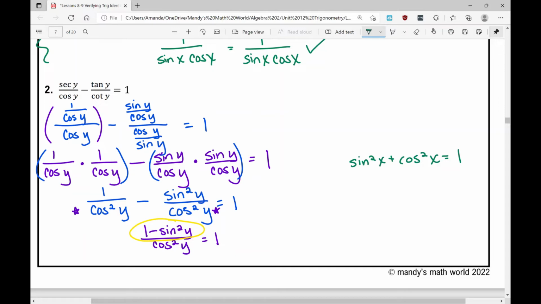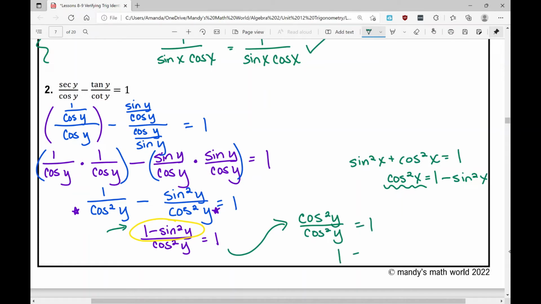Well, I could rearrange this, subtract sine squared x from both sides, and I would get cosine squared x equals 1 minus sine squared x, which is exactly what that is, which means 1 minus sine squared x equals cosine squared x, and it should be a y. So I can rewrite this as cosine squared y over cosine squared y equals 1. Anything over itself is just 1, and 1 equals 1.